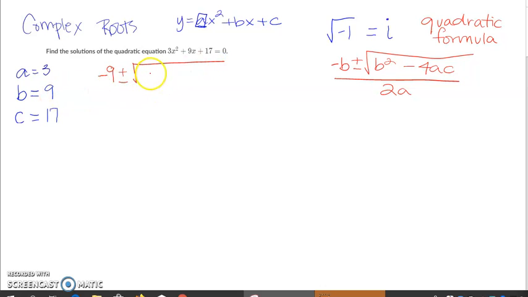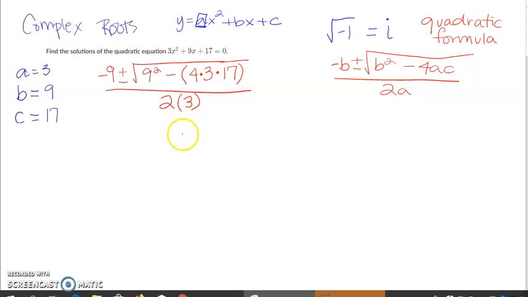So b here is 9 squared, minus 4 times a, our a is 3, times c, our c is going to be 17, and then all over 2 times a, our a is going to be 3.